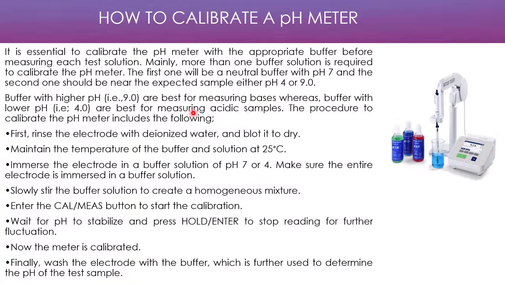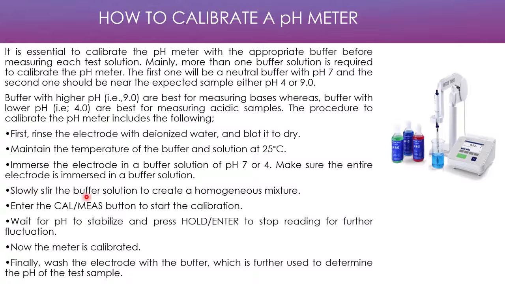The procedure to calibrate the pH meter includes the following. 1. Rinse the electrode with deionized water and blot it dry. 2. Maintain the temperature of the buffer and solution at 25 degrees Celsius. 3. Immerse the electrode in a buffer solution of pH 4 or pH 7 and make sure the entire electrode is immersed in the buffer solution. 4.